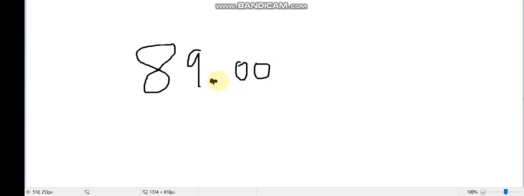When you put the dot here, that means you are concerned about the zeros in this area. And when you put two zeros like this, you want the reader, the scientist, the student, or anybody else to know that these two zeros are very important.